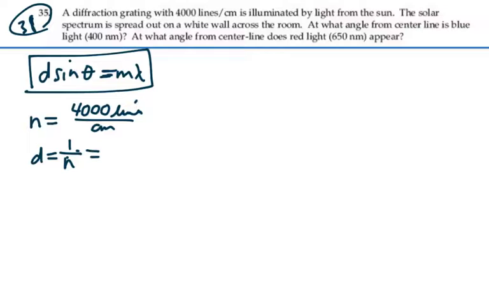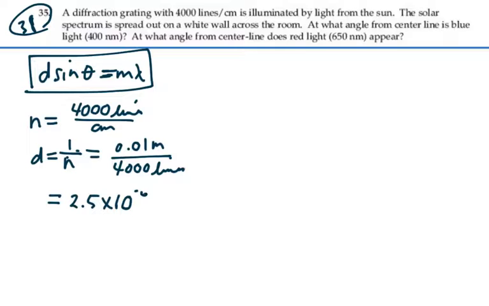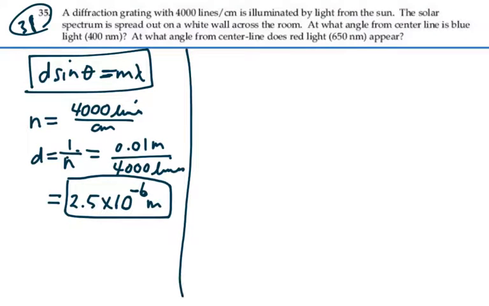In other words, we're going to have 1 centimeter, 0.01 meters, for 4,000 lines. And that is going to give us a spacing between lines of 2.5 times 10 to the minus 6 meters. So that is our line spacing, 2.5 times 10 to the minus 6 for this diffraction grating.